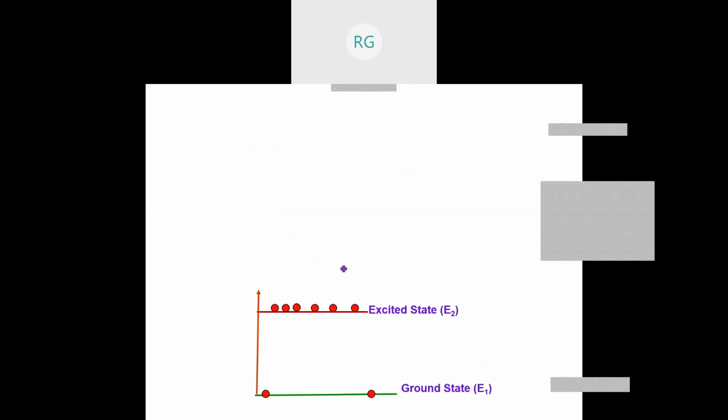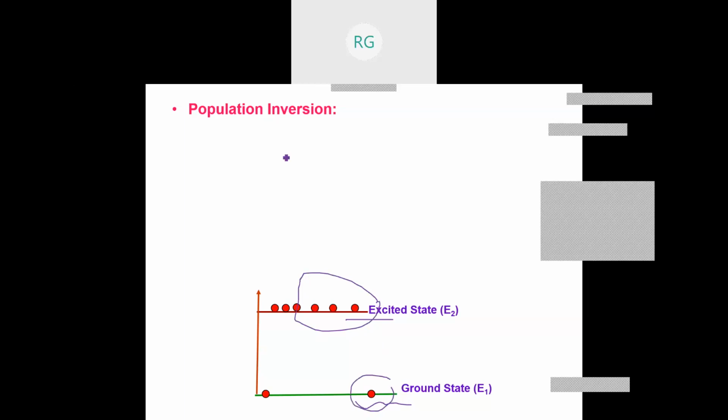Next we'll see another important one. For laser action, what do you require? You require population inversion. Population inversion means having more atoms in the excited state than the ground state. Usually we have more atoms in the ground state and fewer in the excited state, but if you have more atoms in the excited state than the ground state, we call it population inversion.